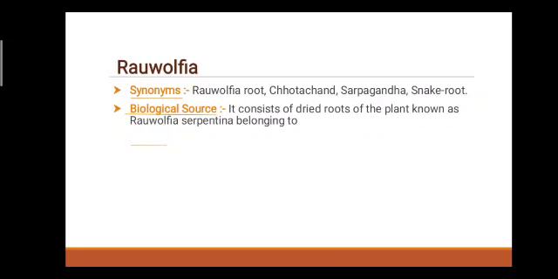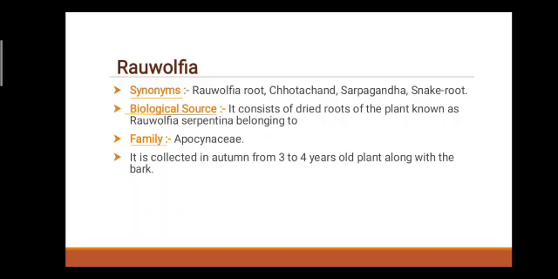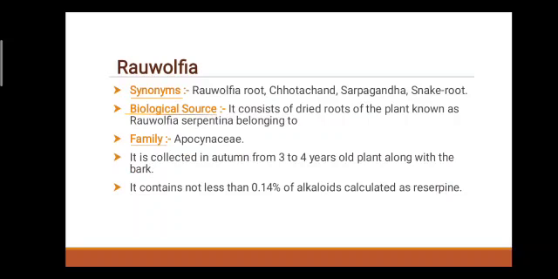Biological source: it consists of dried roots of the plant known as Rauwolfia serpentina belonging to family Apocynaceae. It is collected in autumn from 3 to 4 years old plant along with the bark.